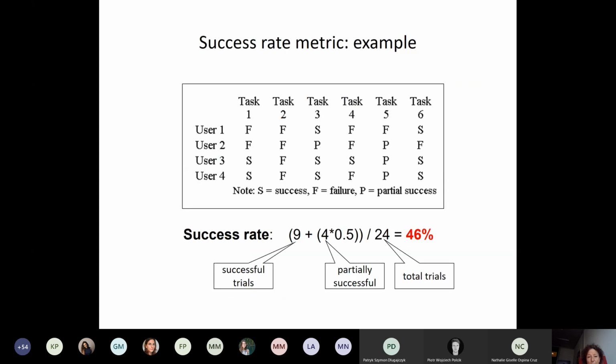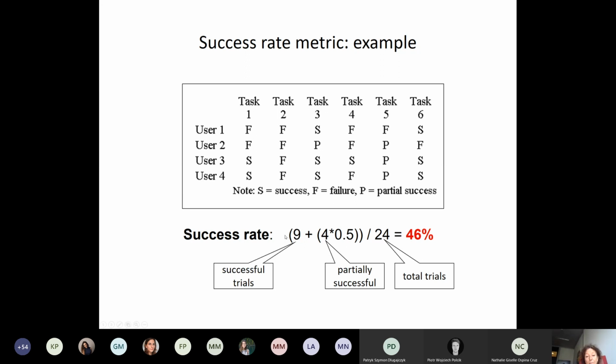So these are typical numbers that quantify these aspects. For each user and for each task, you measure if it was a success, where the task was completed and the user got to the point, a failure, where the user gave up and absolutely was not able to reach the point, or partial.